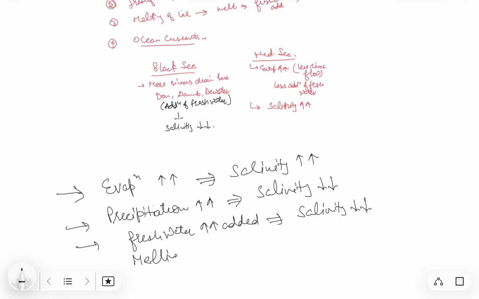Melting of ice and glaciers also reduces the salinity.